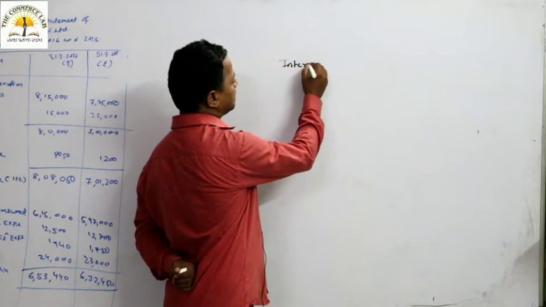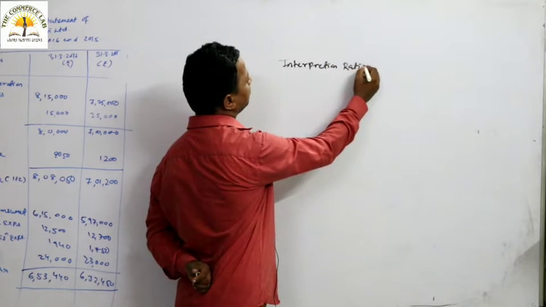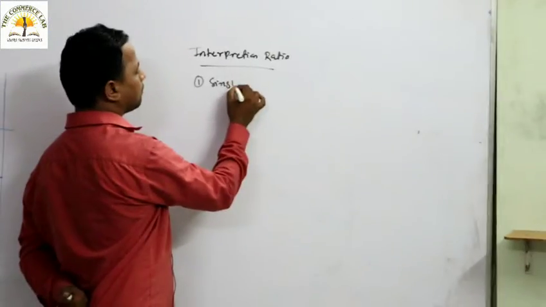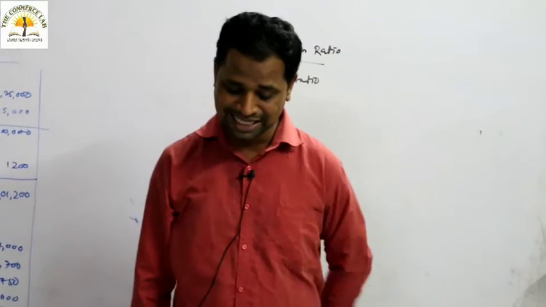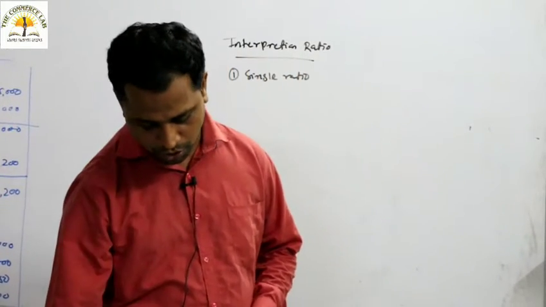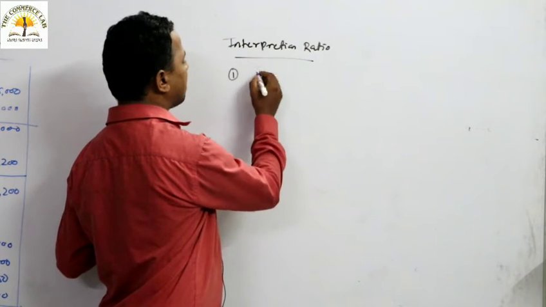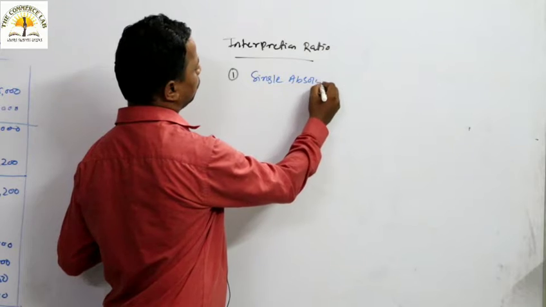Then interpretation, as I told earlier, the interpretation of ratio is very much important. In what way can you interpret? First of all, it can be interpreted by calculating a single absolute ratio.